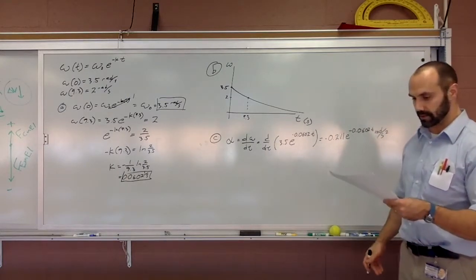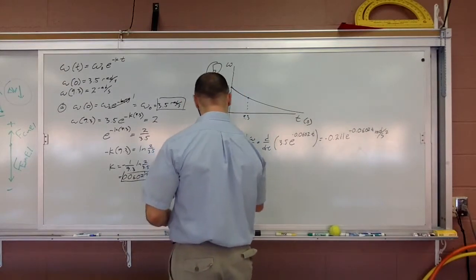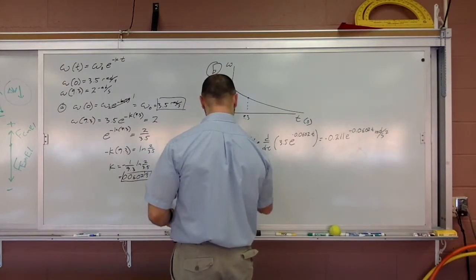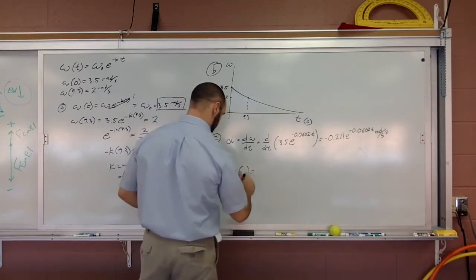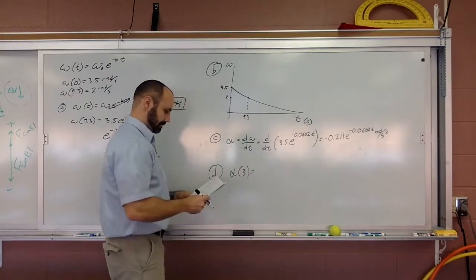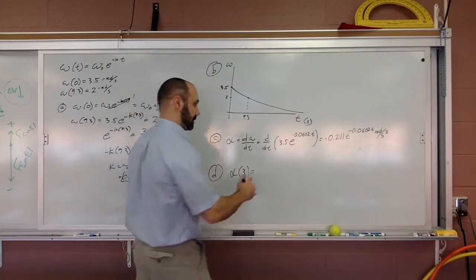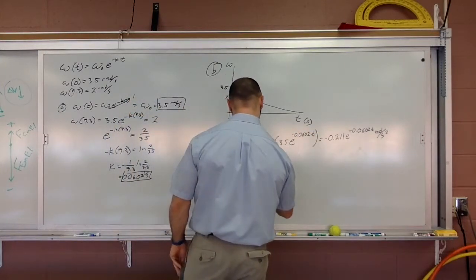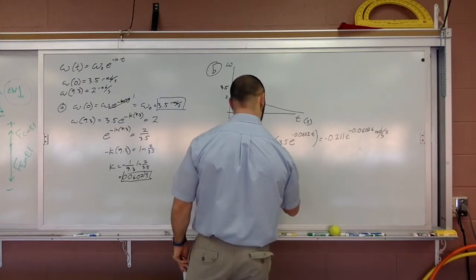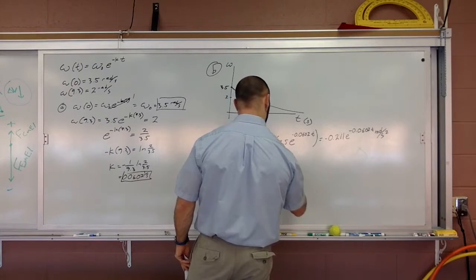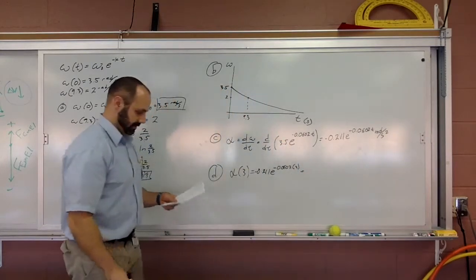And now we want to find the angular acceleration at 3 seconds. So D, at 3 seconds, alpha at 3 is going to be, we plug 3 seconds into this, negative 0.211 e to the negative 0.0602 times 3, right? This is just plug and chug, plug the number in.